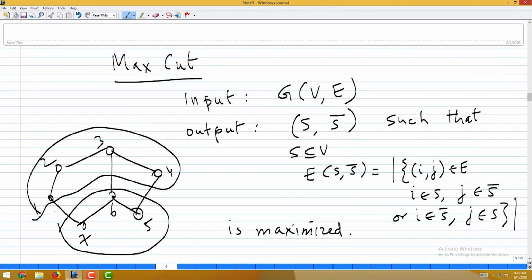You can also ask the minimization question here. You want a partition of the vertices such that the minimum number of edges cross the cut. How?